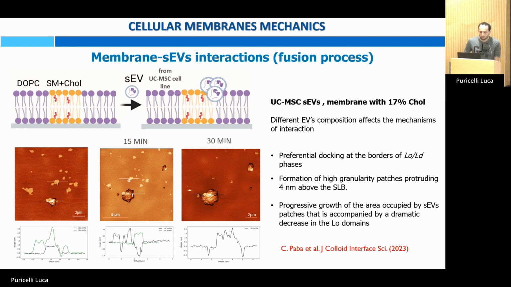vesicles coming from non-tumoral cell types behave in a different way. They preferentially attach to the sides of these islands, and they make higher patches protruding about a nanometer above the surface of the bilayer, and they progressively increase the area by recruiting material, let's say lipids, coming from other small islands with time.